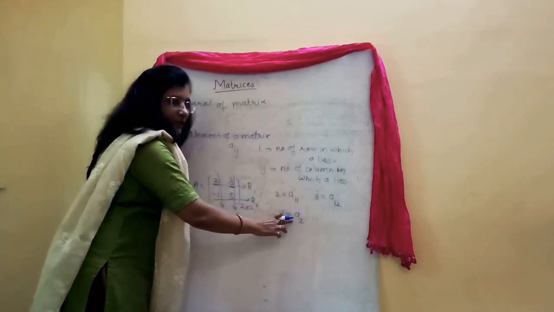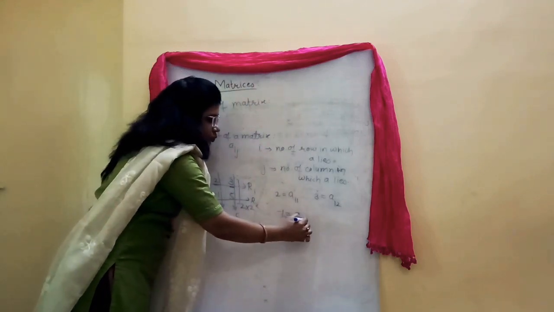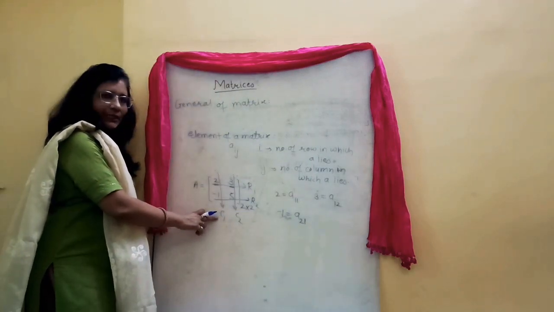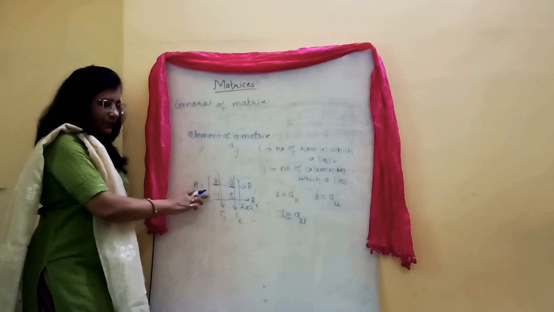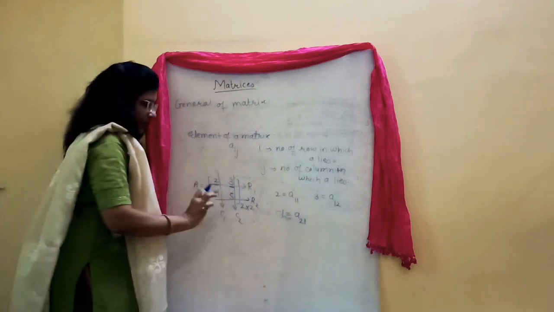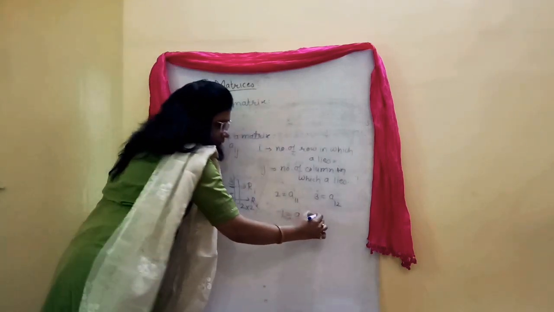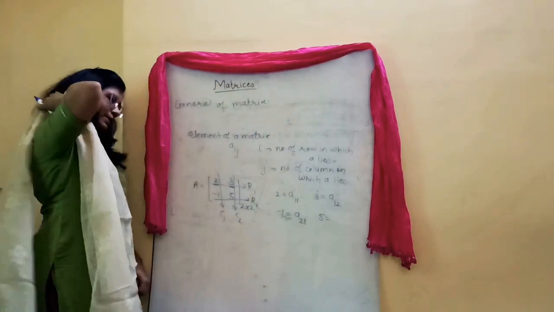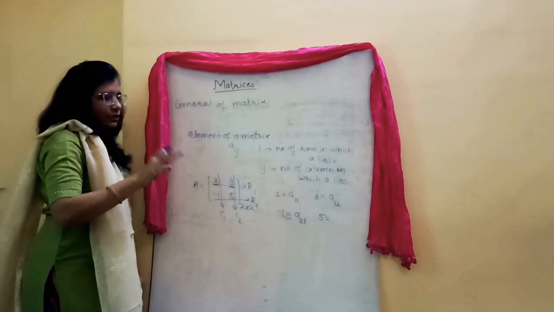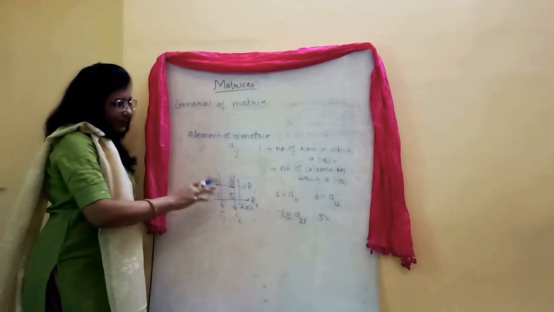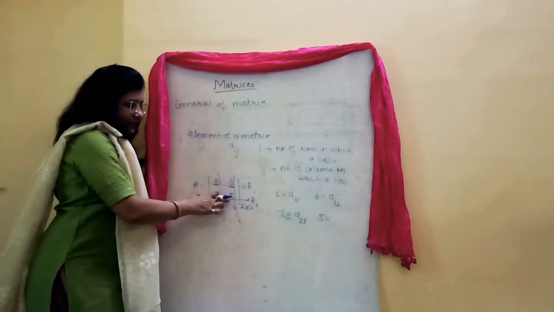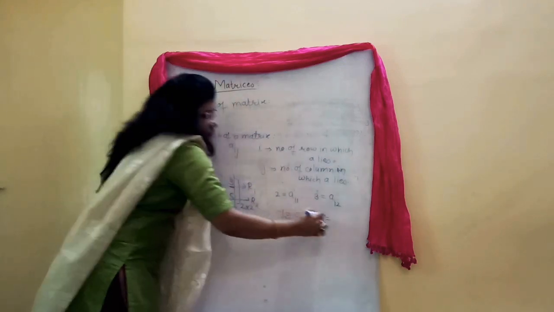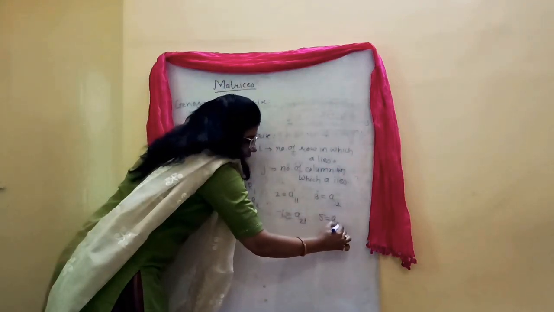So minus 1 is equal to A21, where 1 indicates the number of column in which this minus 1 lies. What can you say about 5? 5 is lying in the second row and second column, so you can write it as A22.